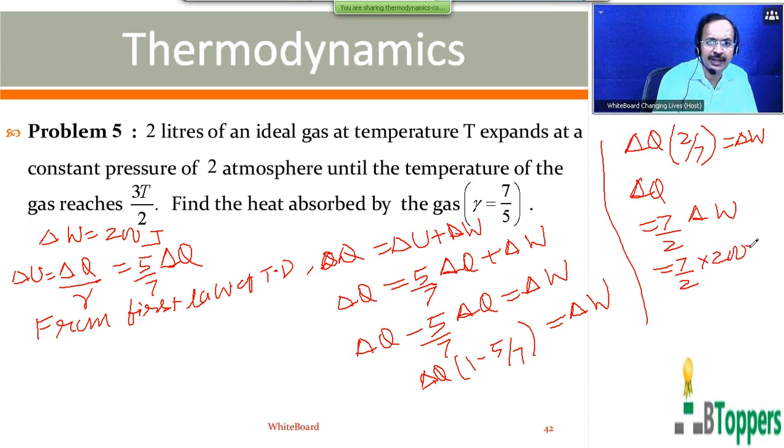Therefore, the heat energy absorbed by the gas you will get is 700 joules for the given problem.